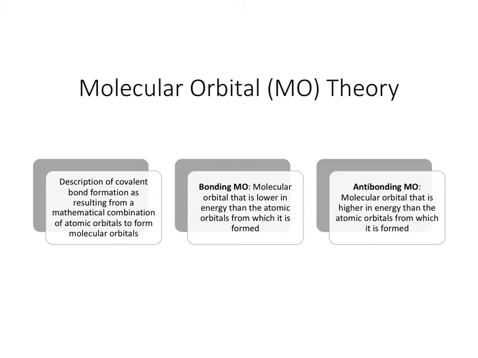And in this theory, there are two types of molecular orbitals, bonding and antibonding, and they are just like what you might imagine. Molecular bonding orbitals contribute to bonding, and they are lower in energy than the atomic orbitals from which they formed. And antibonding molecular orbitals are higher in energy and will end up with the breaking of bonds.